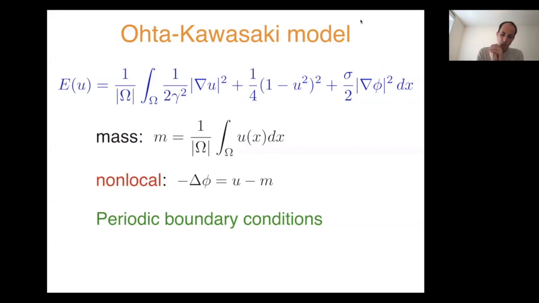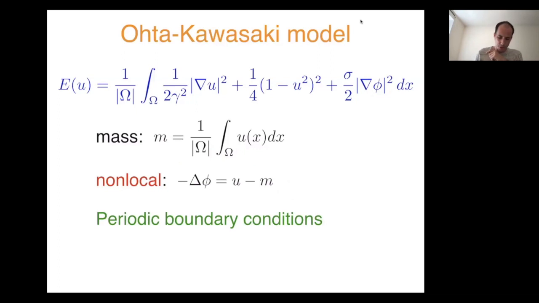It is a nonlinear, non-local term. Because what is this phi here? It solves the Laplace equation over here, so phi depends on U everywhere in the domain. So it is not a local expression in terms of U.